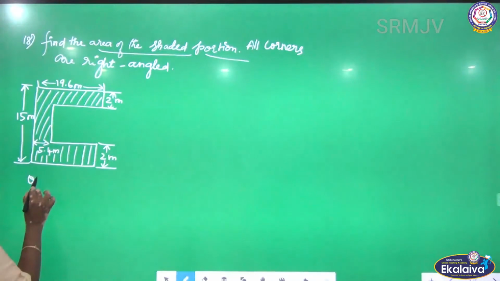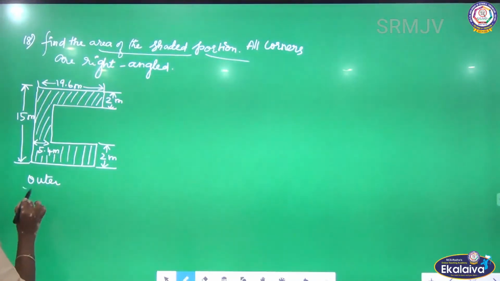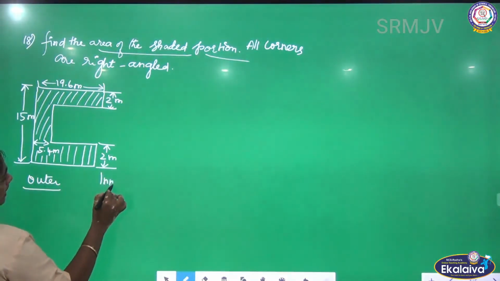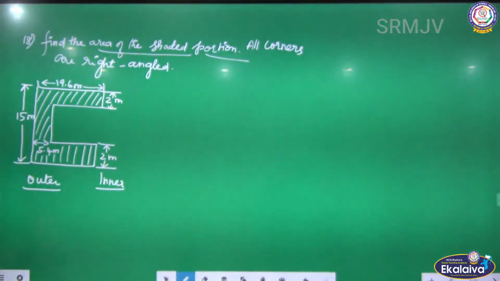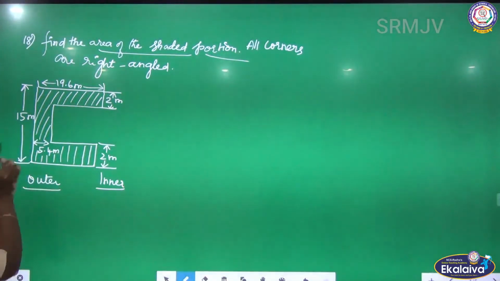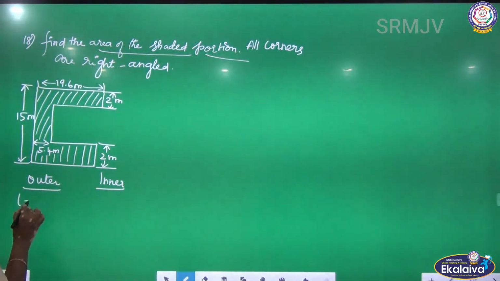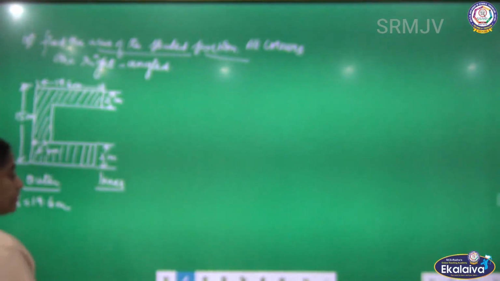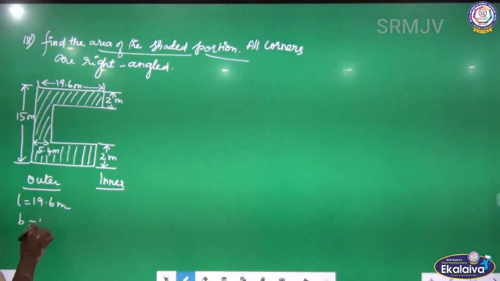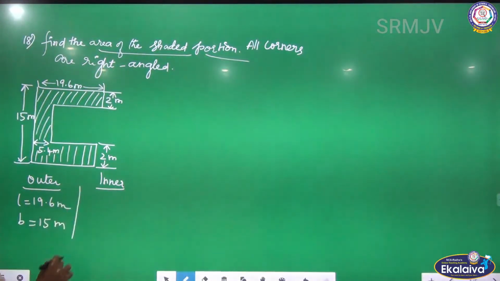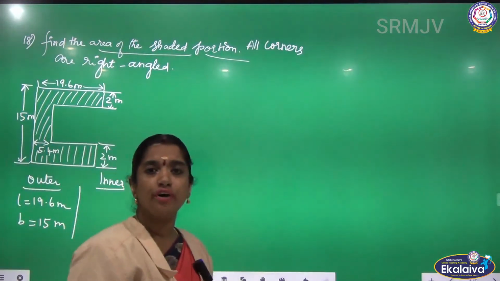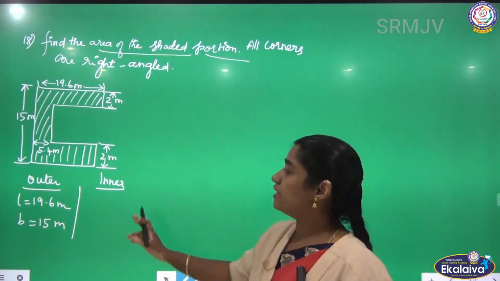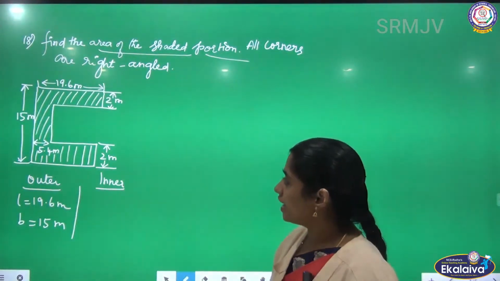Now I am going to write the outer, next inner. What is the length? 19.6 meter. And the breadth? 15 meter.